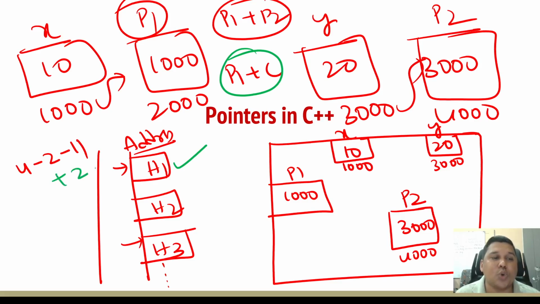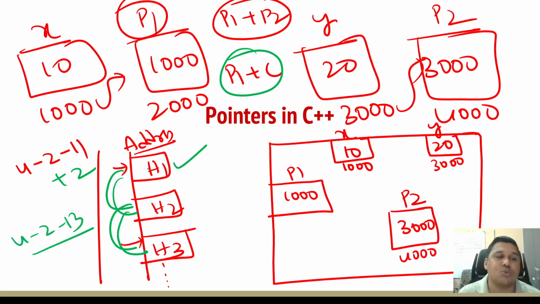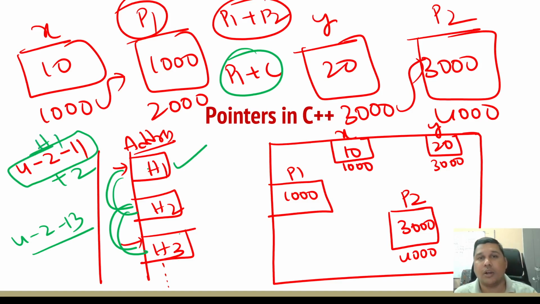If I say add 2 to this, it means move 2 houses next to this house, go one house right, then another house right. So by adding a constant, it is reaching the 4-2-13 house. It is like saying from H1's house address, go 2 houses, and after 2 houses, the third house is my house. Then this is meaningful. But adding 2 different addresses is meaningless.